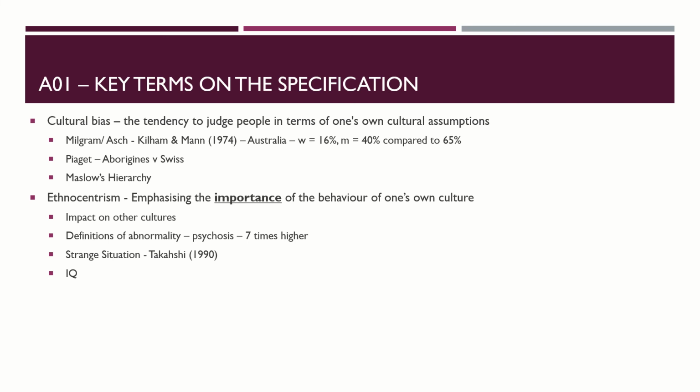But there's also an element of the fact that there is cultural bias within the way that we define and diagnose mental health, and a lot of behaviours that we as a Western culture might consider abnormal are actually not abnormal in other cultures.